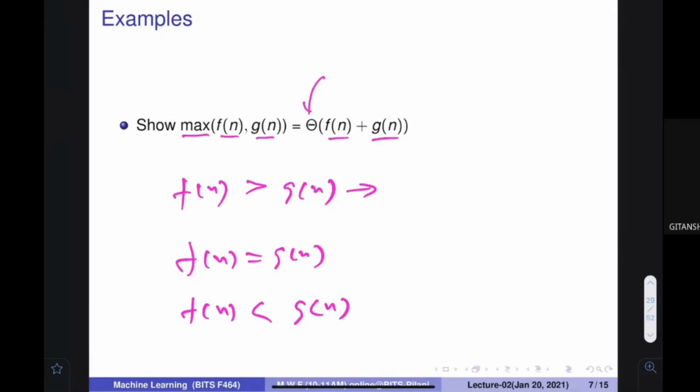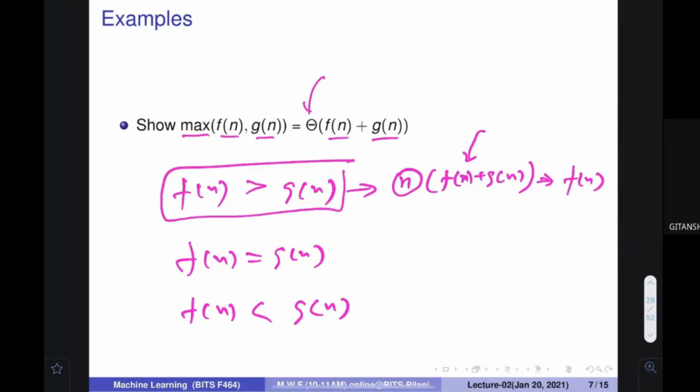In this condition, if you want to find out the theta of fn plus gn, who is the bigger term? Fn. So who will survive? Fn would survive. And because of this condition, who comes into the max, taking the max value? Fn. So essentially you are telling fn is equal to fn. When fn is equal to gn, then it doesn't make any difference.